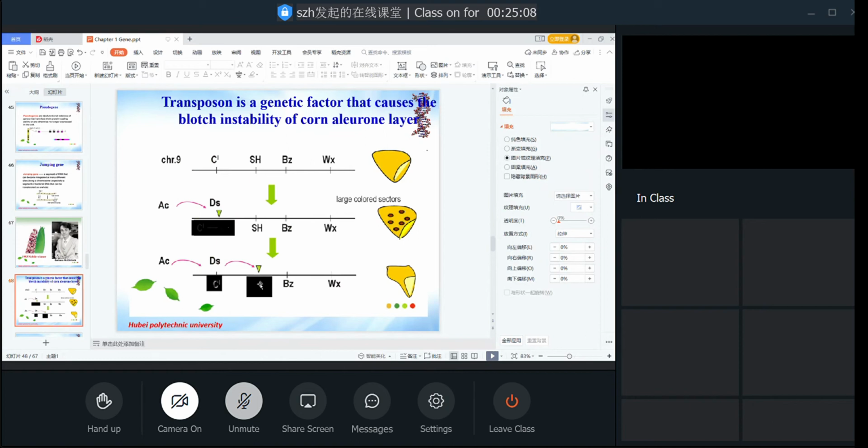So at that time this lady presented in the journals that some special sequences can be moved and integrated into different locations. And at that time many scientists thought this lady might be crazy.